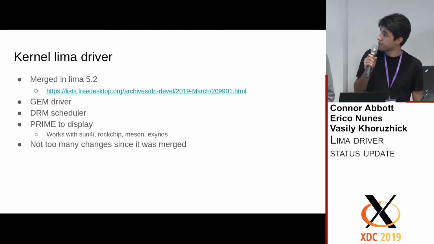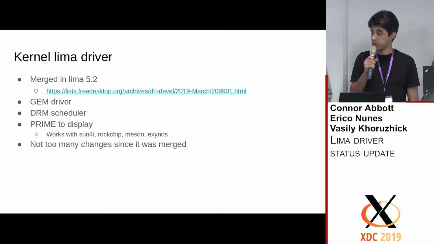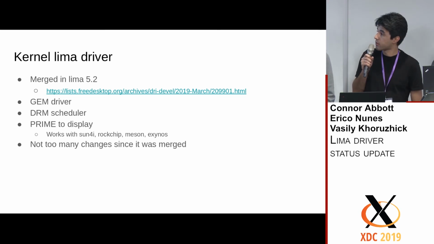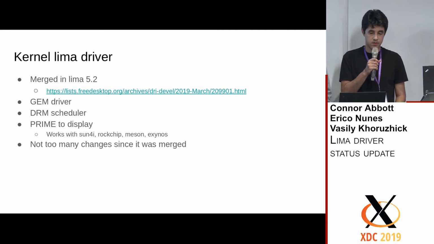And with the Prime display, we actually have it working on the Allwinner platforms, Rockchip, the Amlogic platforms, and Exynos. They should all be working. And since the driver was merged in 5.2, it actually didn't change that much.